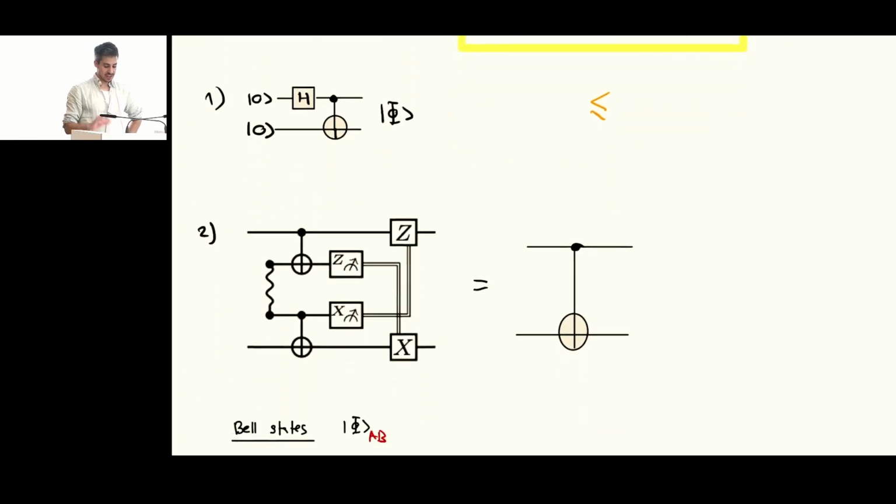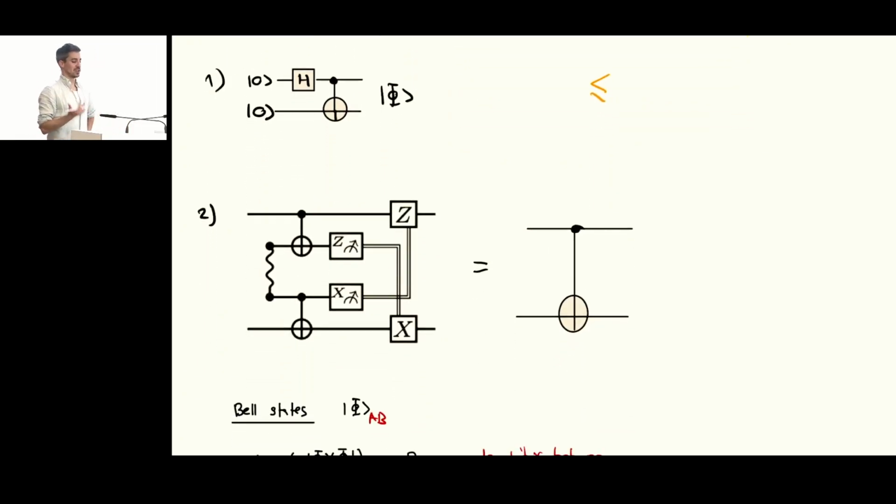Now, is the reverse also possible? Yes, it is possible by a famous protocol from Gottesman and Chuang called gate teleportation. Okay, this is a complicated circuit. If you haven't seen it, you don't need to fully understand it. But what it's doing is, this wiggly line here is a Bell pair. And then everything that is afterwards is just an LOCC protocol with this locality structure.